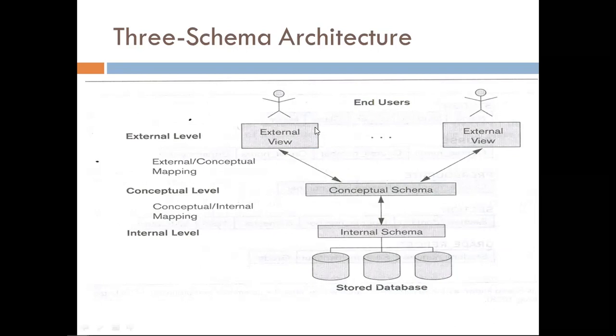The mapping from the external view to the conceptual view becomes the external/conceptual mapping. Mapping here is how one data model and the other data model are interlinked, and how we change the request from one model to another. Then from the conceptual level to the internal level, we have one more mapping, the conceptual/internal mapping.